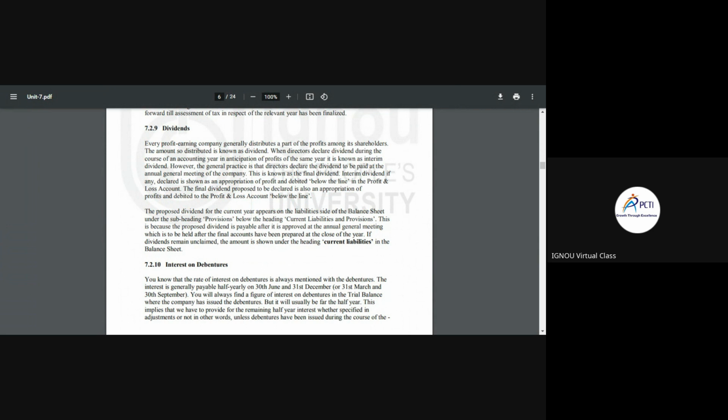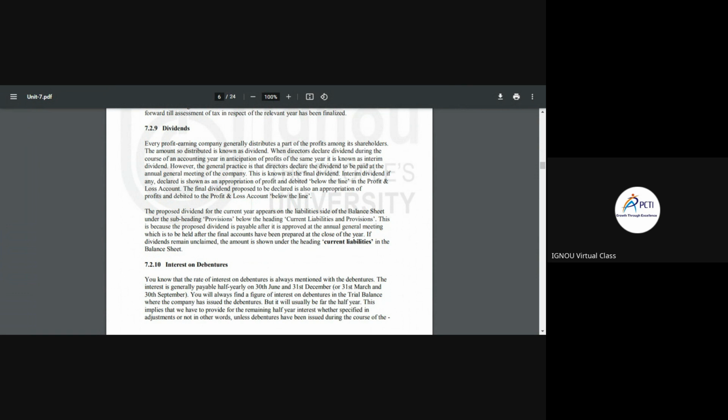That will be known as the interim dividend. So the amount which we distribute among the shareholders will be known as the dividend, and it will be given only from the profit earnings of a company which is making a profit.